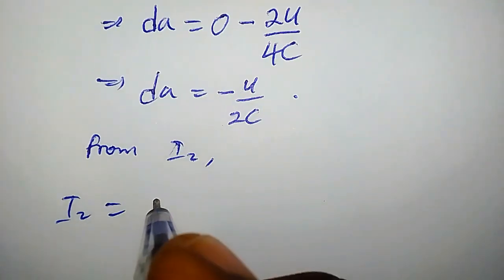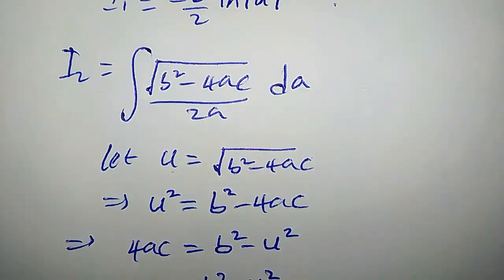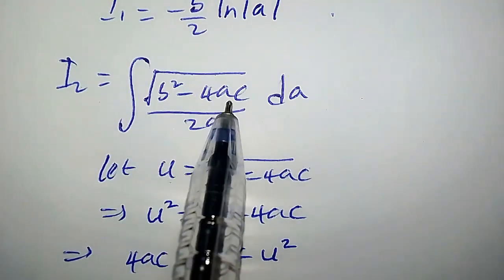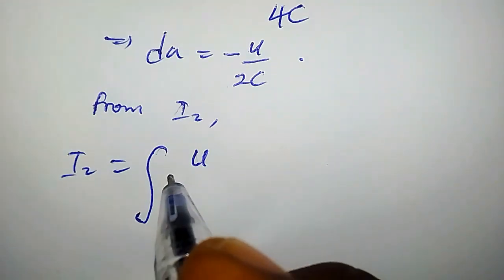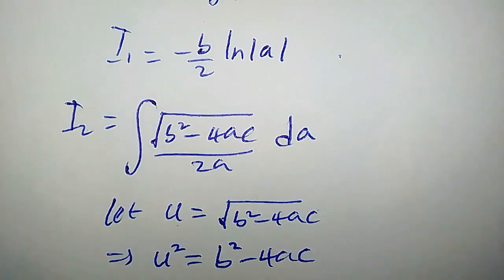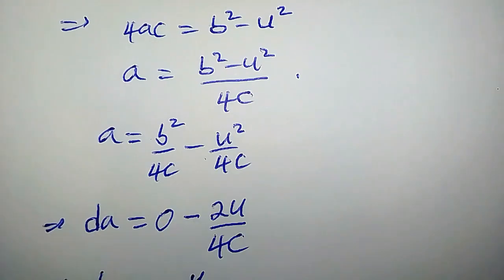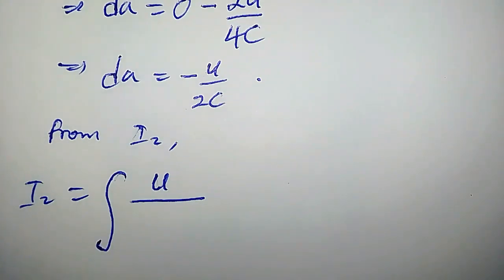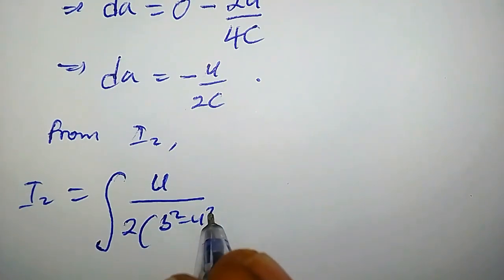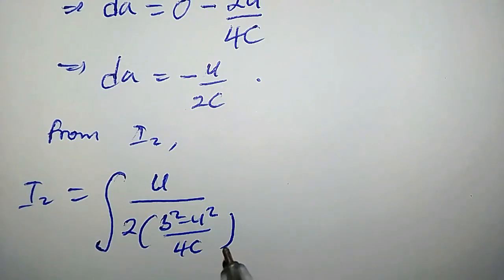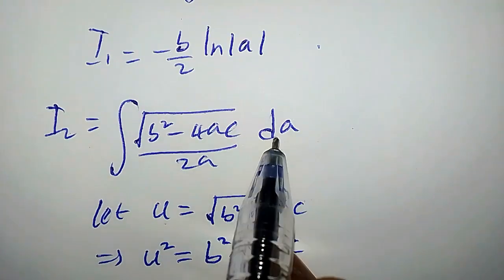So I2 is equal to the integral of, what is square root of b squared minus 4ac? That is u. So we have u over 2a. So that will be 2 times b squared minus u squared over 4c, times the next thing, dA.